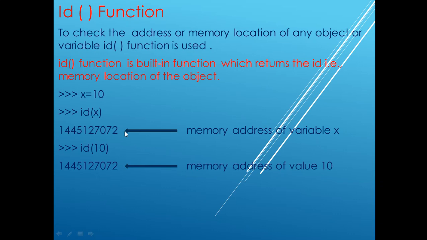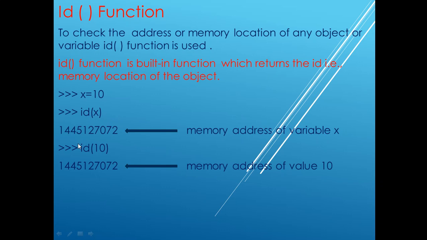What value is going to be returned by the interpreter, we are not aware of, because we are not able to see the memory address internally. So any value will be returned by the Python interpreter. 144512707 is the memory address of variable x. The id function returns the memory location of the variable x.